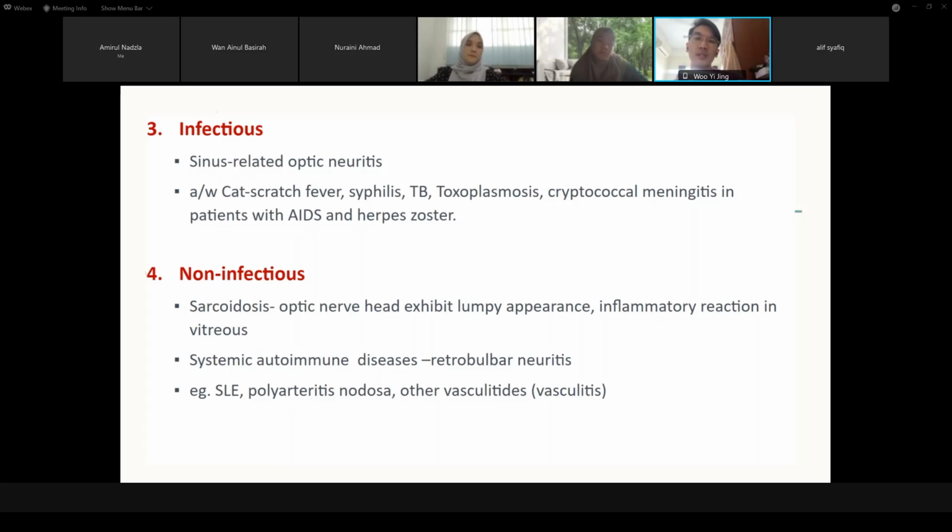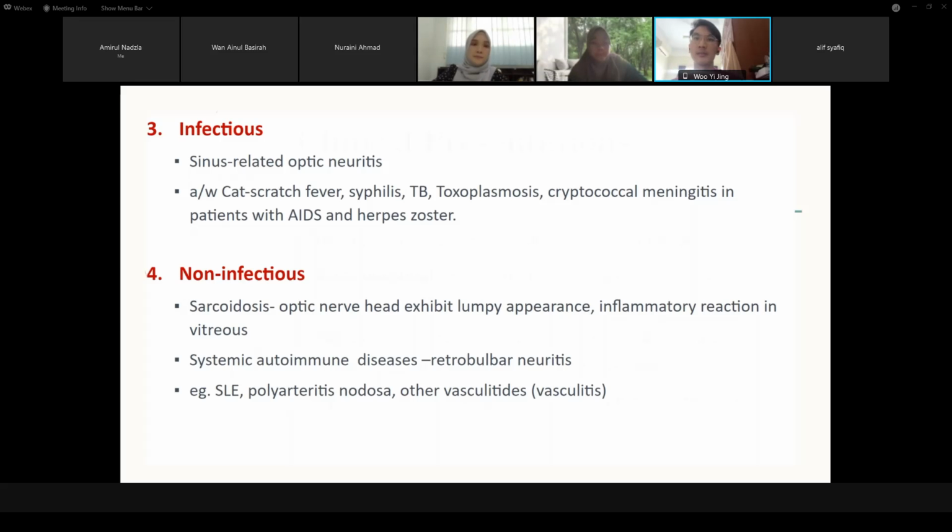The last one is non-infectious, which is autoimmune. Non-infectious, we have sarcoidosis, where under fundoscope the optic nerve sheath will exhibit a lumpy appearance, and also inflammatory reaction in the vitreous. The next one is systemic autoimmune disease, which more commonly presents as retrobulbar neuritis. Examples of autoimmune diseases are SLE, polyarteritis nodosa, and other vasculitis.